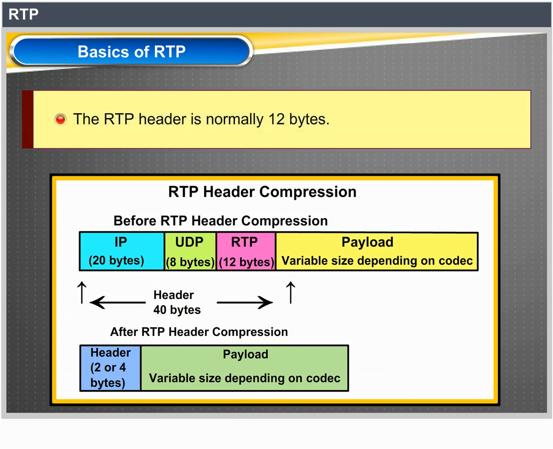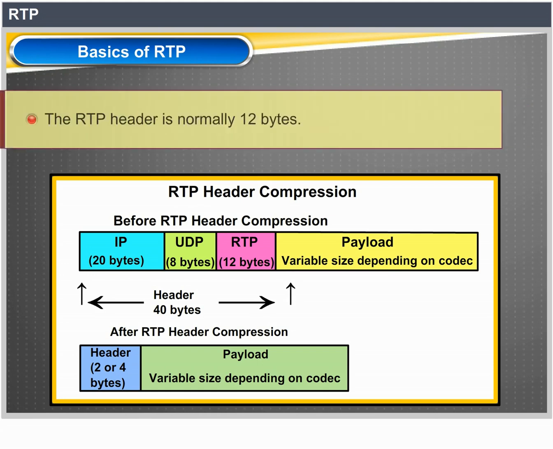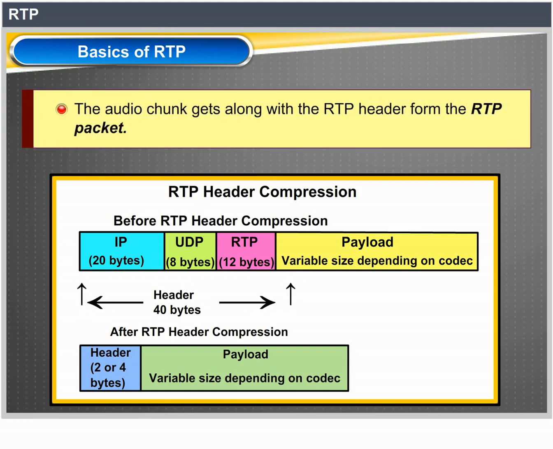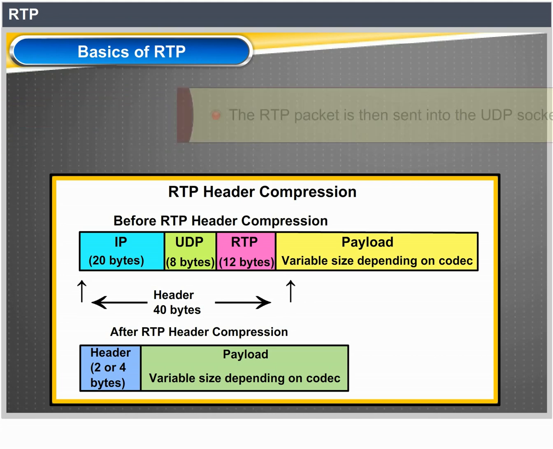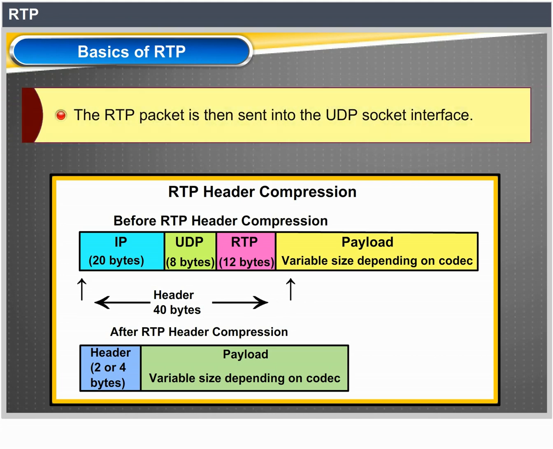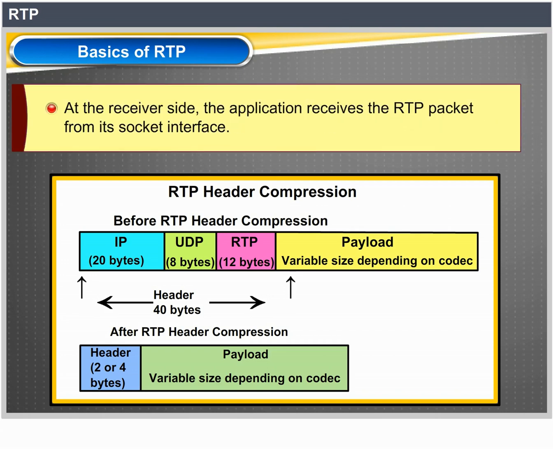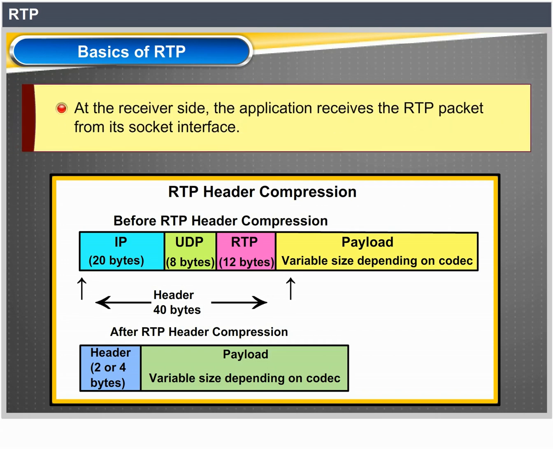The RTP header is normally 12 bytes. The audio chunk along with the RTP header form the RTP packet. The RTP packet is then sent into the UDP socket interface. At the receiver side, the application receives the RTP packet from its socket interface.